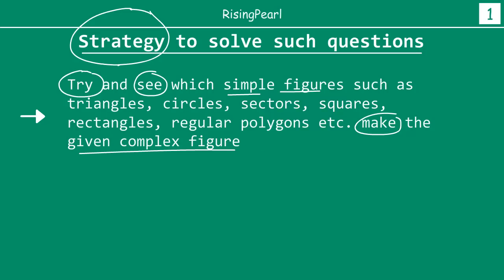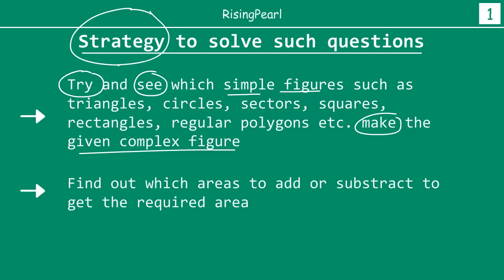Whenever you have these questions, the first thing that should come to your mind is which simple figures make up this complex object. You're trying to break it down into simple figures, that is, figures whose areas we know. There is a formula for those areas and we can actually find them.